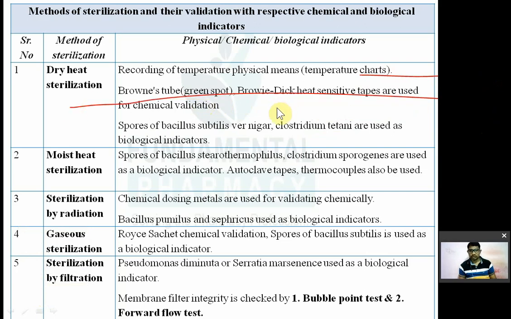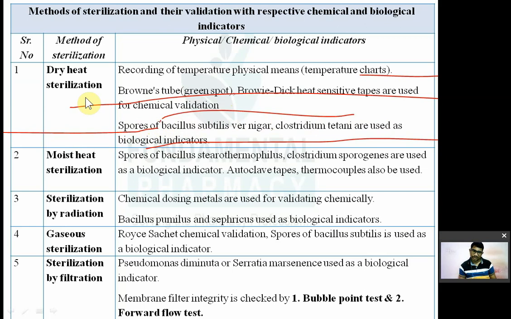Biologically, you can validate it by using spores of Bacillus subtilis niger. Okay, remember Bacillus subtilis, then Clostridium tetani. Spores of these two are used as biological indicators for dry sterilization.